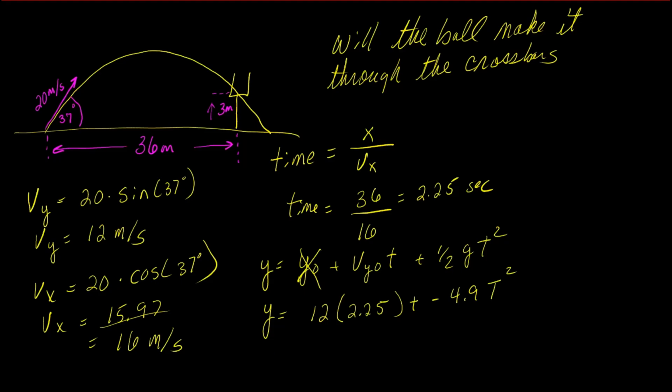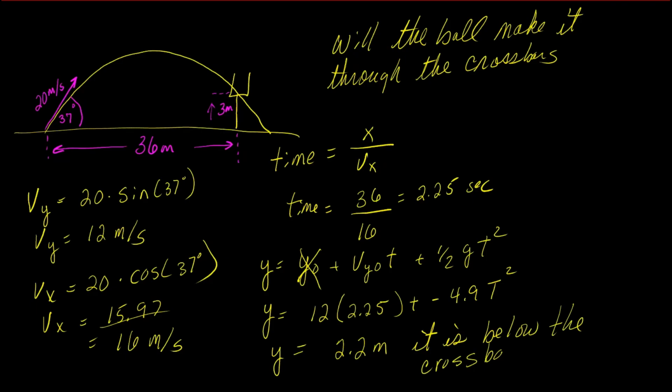When I calculate y, I get 2.2 meters. So it's below the crossbar. So he does not make the field goal.